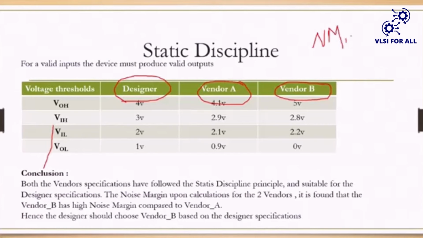Now let's take noise margin high. For understanding purposes, I am writing it, guys. Noise margin high is equal to VOH minus VIH. Similarly, noise margin low is VIL minus VOL.